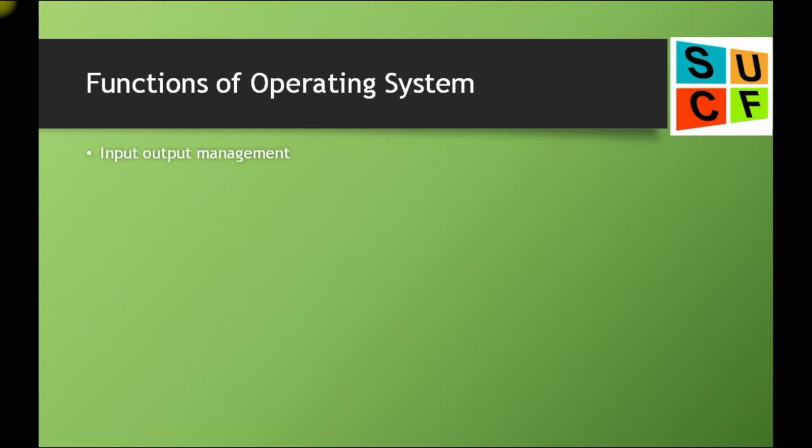Now we are going to discuss the functions of operating system. The basic function of operating system is to manage input and output devices. Whatever input devices and output devices are connected are managed by the operating system itself.